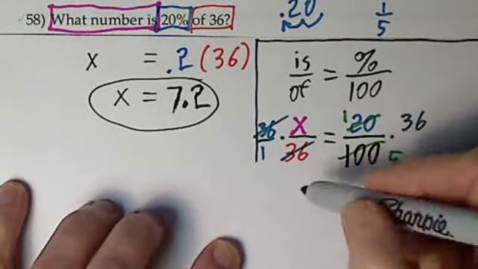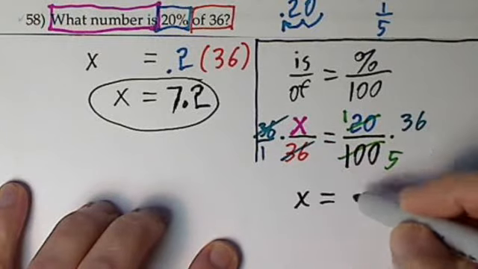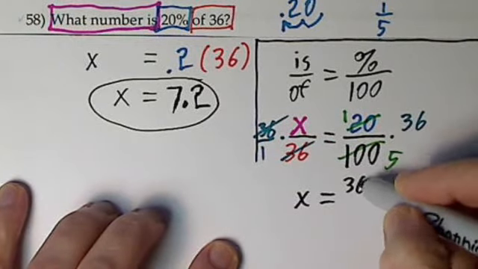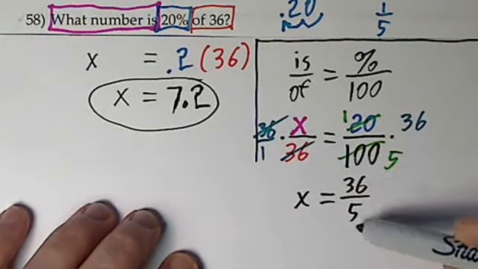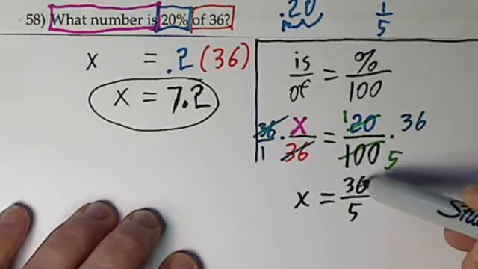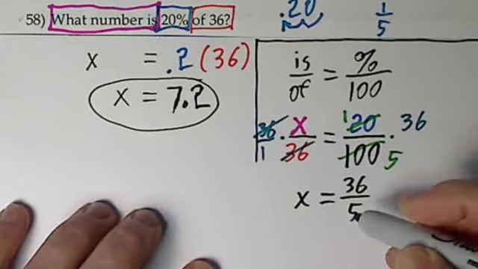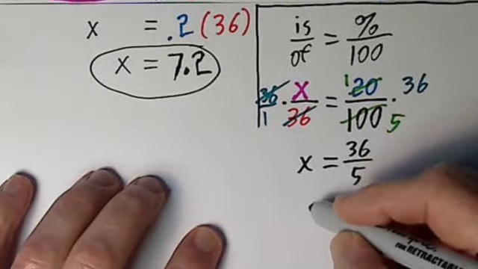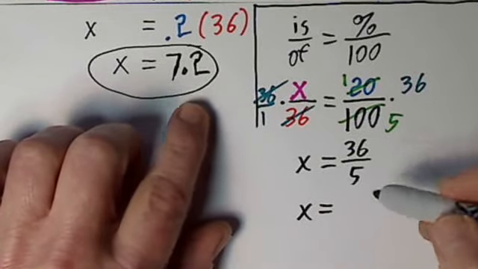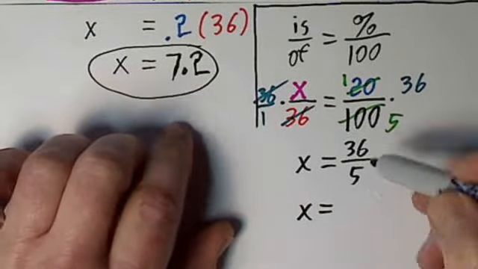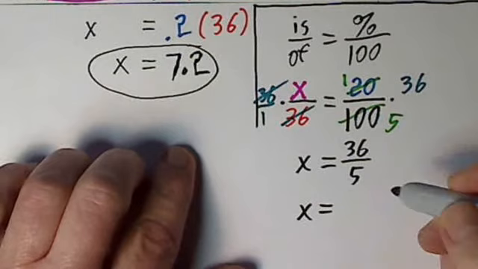So right now on this side I just have x. Over here I have 36 fifths. But if I divide 5 into 36, 36 divided by 5, I would either get 7 1/5 or 7 2/10.